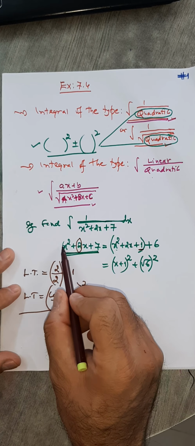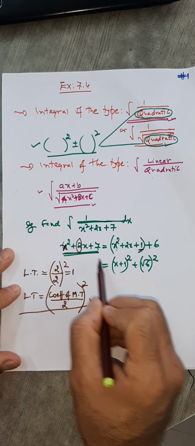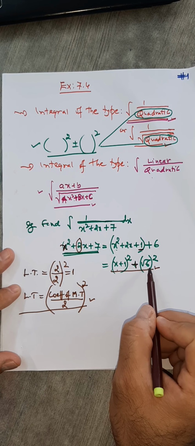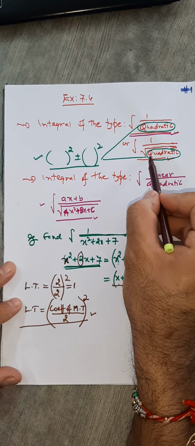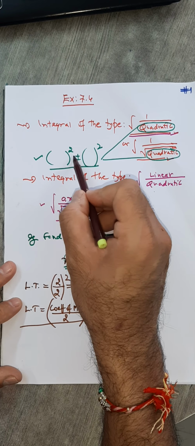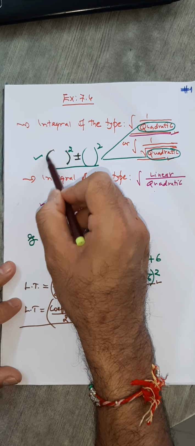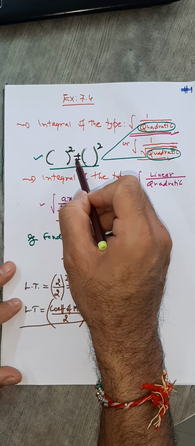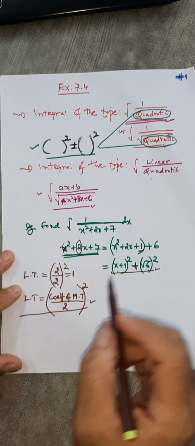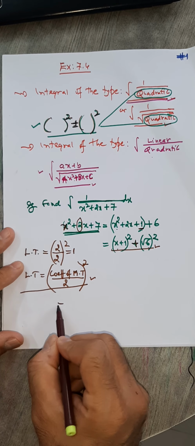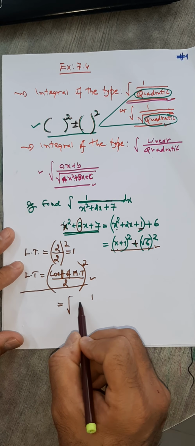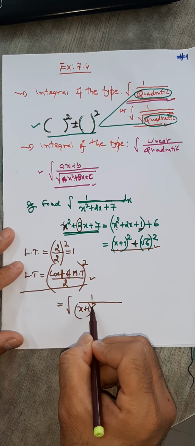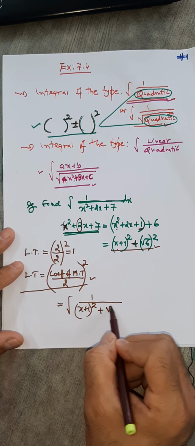So what I did basically, I have expressed this quadratic as a summation of the two perfect squares. This term should be constant. Every quadratic can be expressed as a sum or the difference of the two perfect squares. So here perfect square, here perfect square. Okay, so after doing this, now we have here 1 upon, instead of this I can write x plus 1 the whole square plus root 6 the whole square.